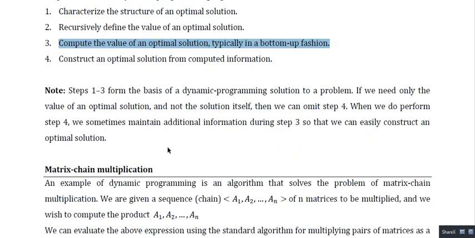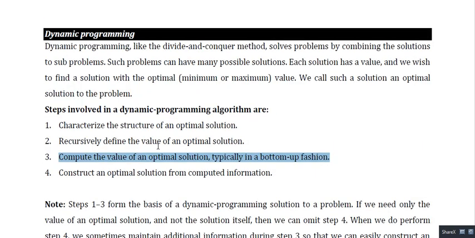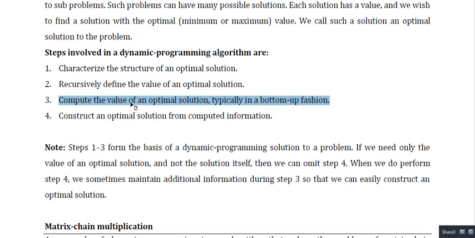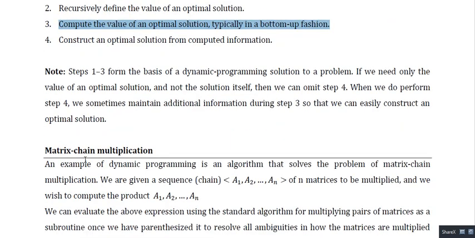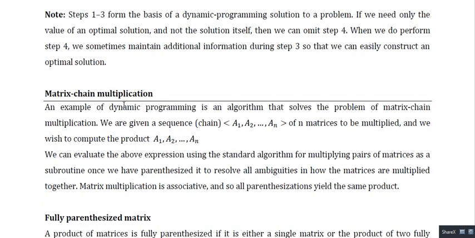One of the best applications of this dynamic programming approach is matrix chain multiplication, right? So in matrix chain multiplication, what happens? A sequence of matrices will be given, like A1, A2 up to An. We need to multiply this chain. This chain multiplication is possible if the column of this matrix is the same as the row of the next matrix.